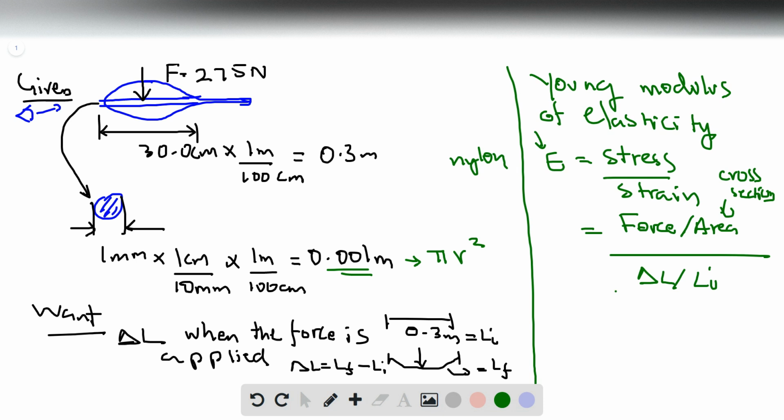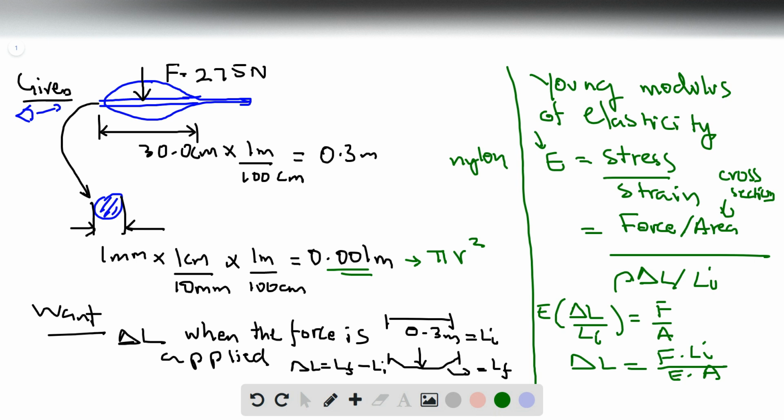And you can see if we reorganize the problem, we end up having E times delta L over L becomes equal to the force over the area, and that way we can find that the delta L change in length is the same as the force times the initial length over the modulus of elasticity times the area.